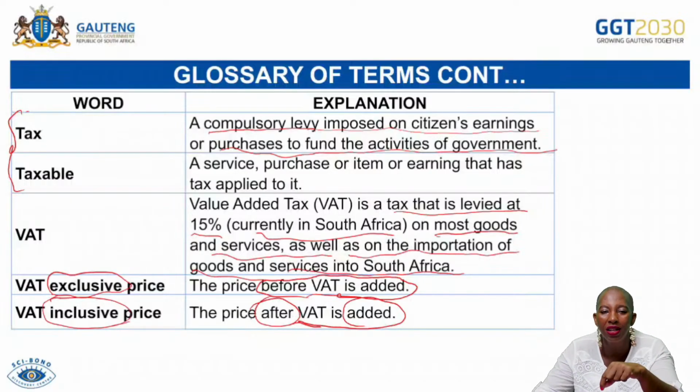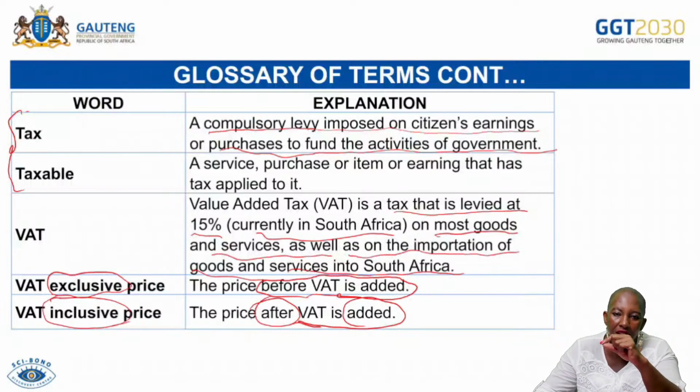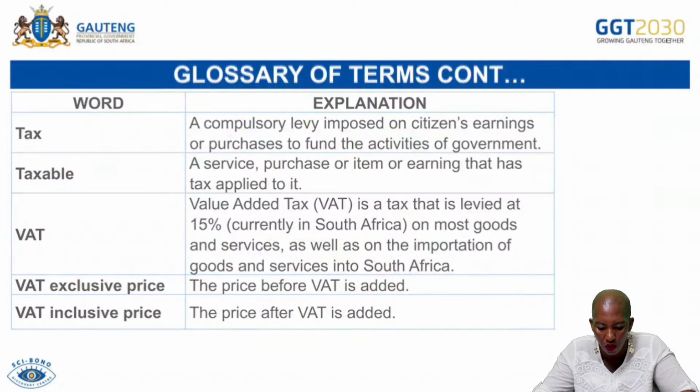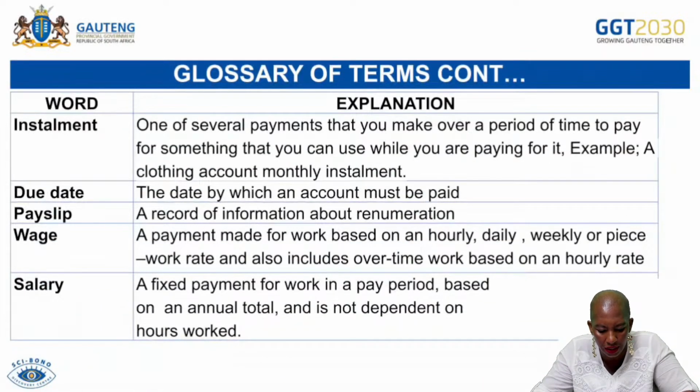So they will calculate 15% of 13 rand and add it to the 13 rands, and that will be a VAT inclusive price. But the VAT exclusive, it is without VAT added. So you just need to remember the VAT inclusive and the VAT exclusive. But you'll see when you do it in totality.